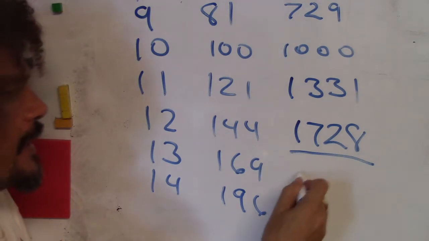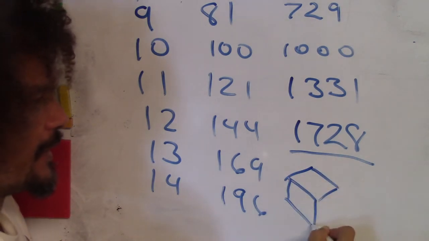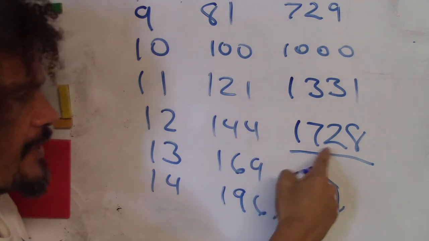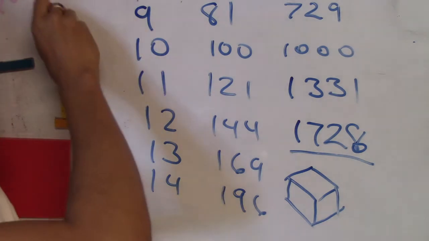If you have a box that's 1 foot by 1 foot by 1 foot, there are 1,728 of these.